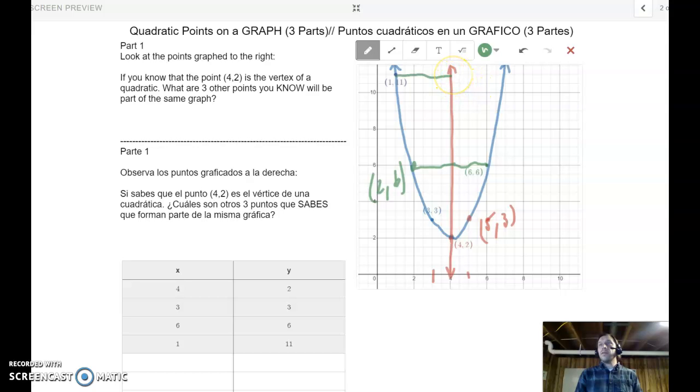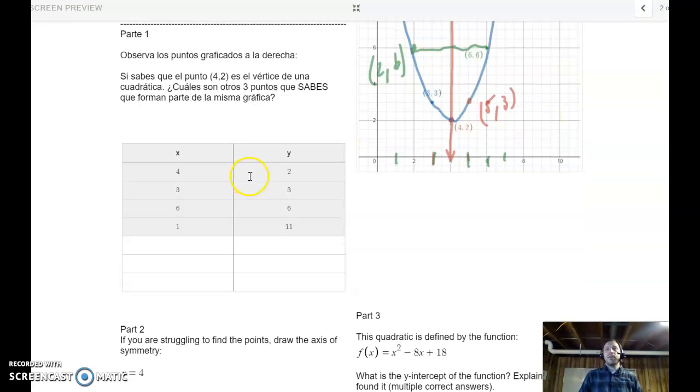So if I go 3 this way from 4, it's going to be (7, 11). Every 2 squares is 1, so double check that. Go ahead and plug those into your table. (2, 6), (5, 3), and (7, 11) are other points you can determine.